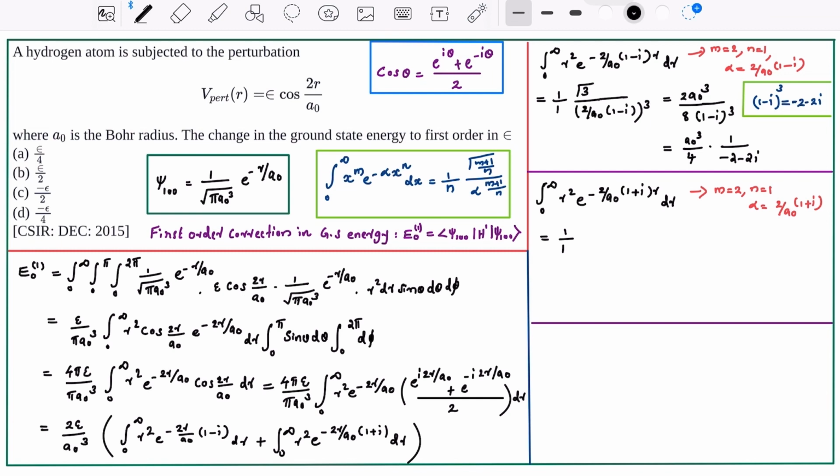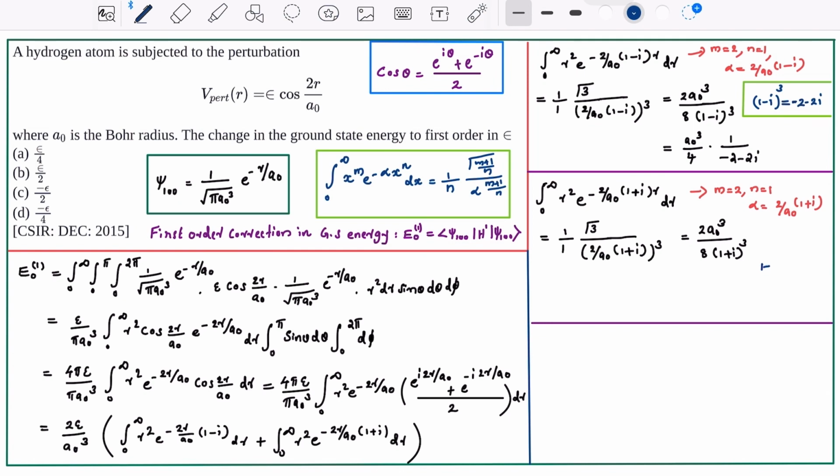Therefore, the integral becomes gamma 3 divided by (2 by A0 (1 plus i)) cubed, that is equal to 2 A0 cubed by 8 into (1 plus i) whole cubed.